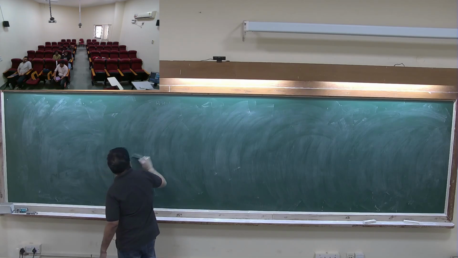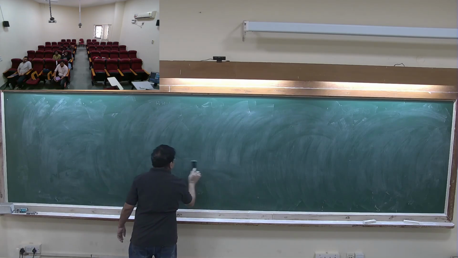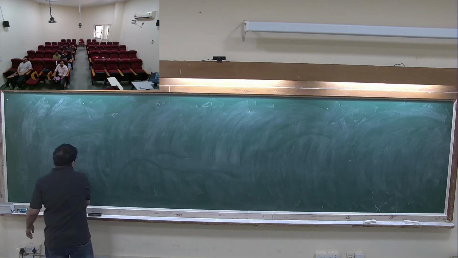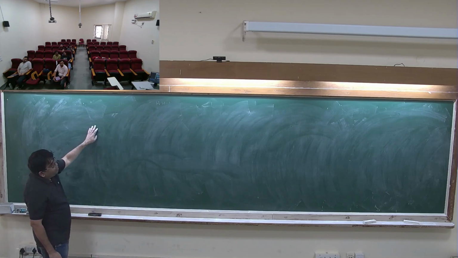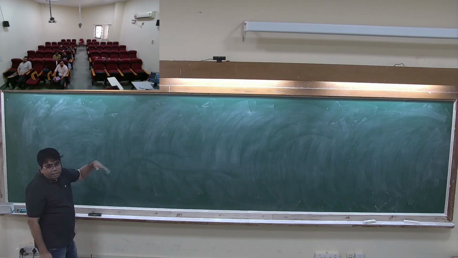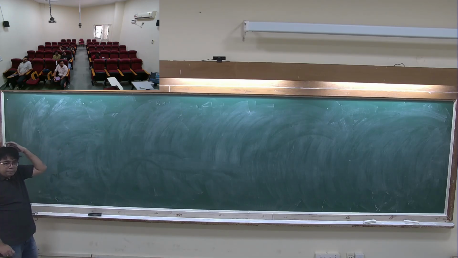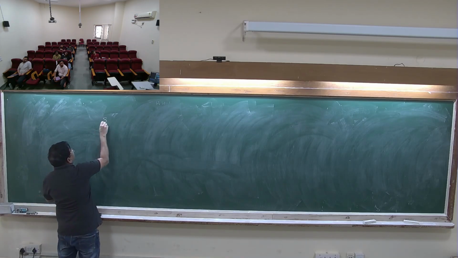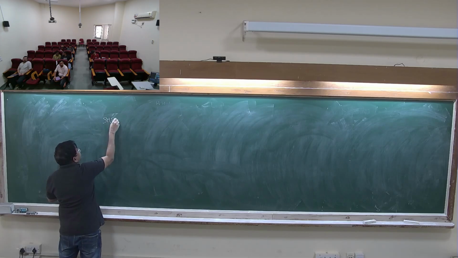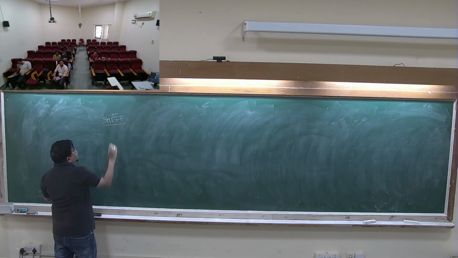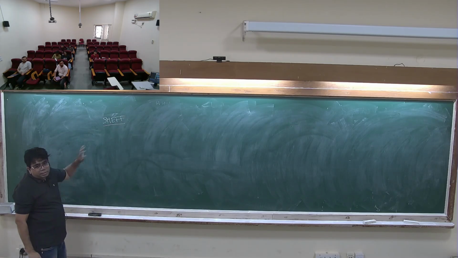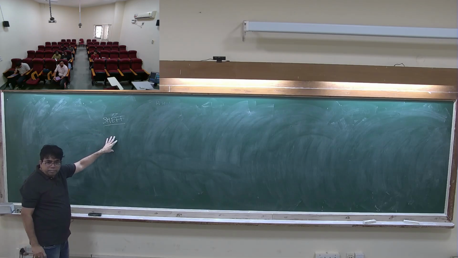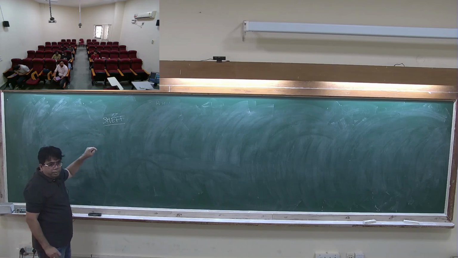So I want to do SMEFT today, but because we introduced LEFT already, I'll describe the different types of effective field theories within the standard model and so on. I'll define these EFTs in terms of degrees of freedom plus the symmetries.